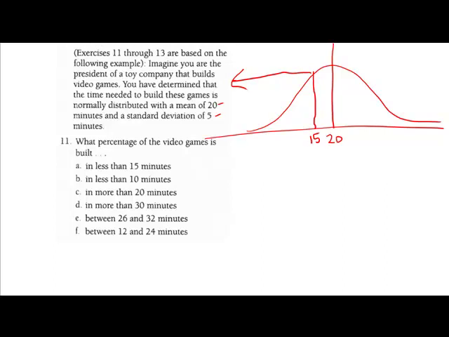Now, I'm looking at this again quickly. Standard deviation is 5. I know that the z-score for this is 1. It's going to be a -1. Here, I'll do the math to prove it. 15 minus 20 divided by 5 equals -5 divided by 5 is a -1.